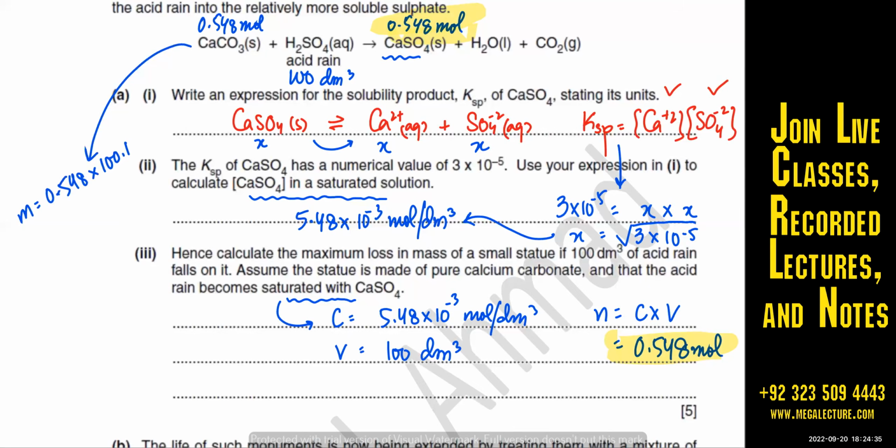Calcium is 40.1, carbon is 12 and oxygen is 16. So what value do we get? Approximately 54.80, something like that. That's the loss in mass, so 54.9 to be exact.